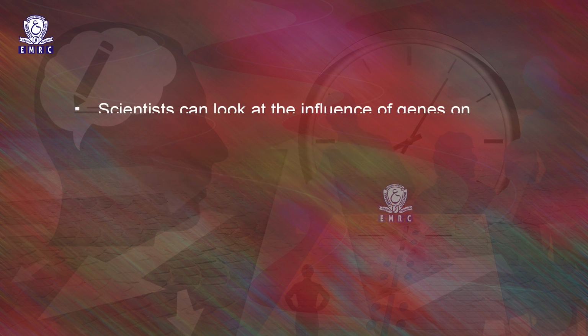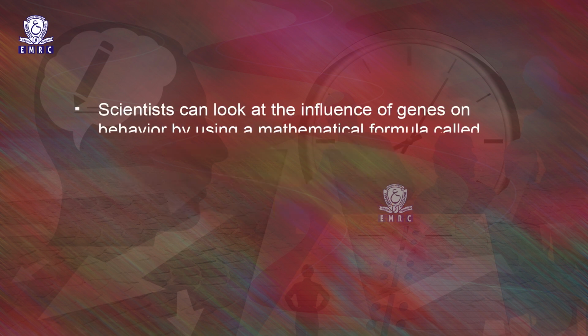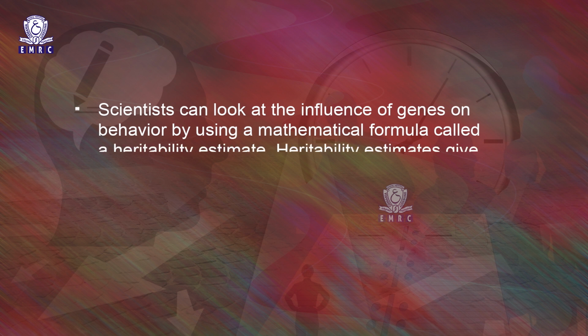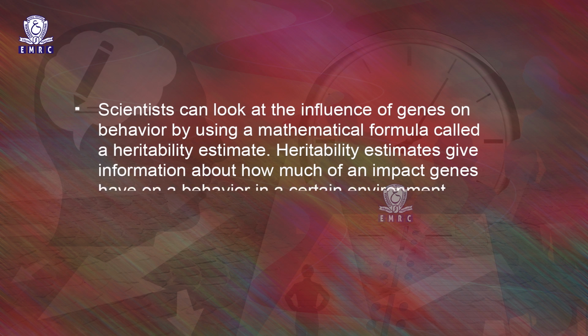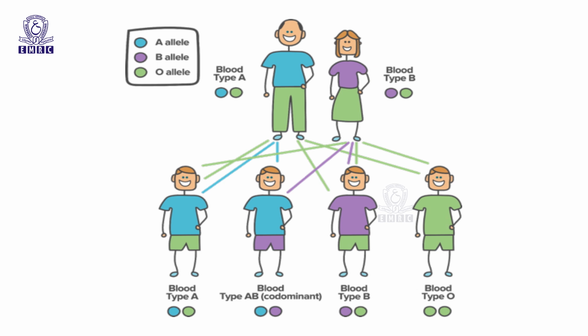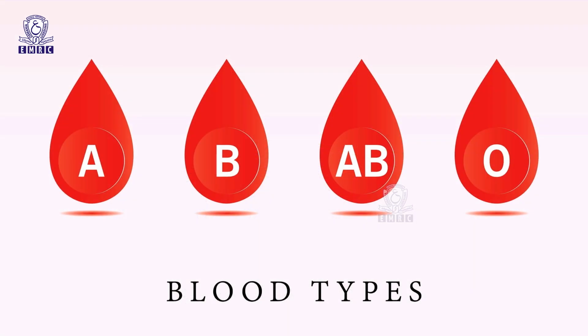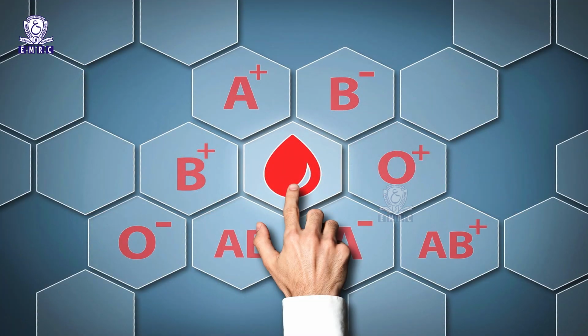Scientists can look at the influence of genes on behavior by using a mathematical formula called heritability estimate. Heritability estimate gives information about how much of an impact genes have on a behavior in a certain environment. Think about blood type as an example. In your group of friends, there is probably some variation in your blood types. If differences in blood types are mostly influenced by genes, heritability estimate would reflect that.